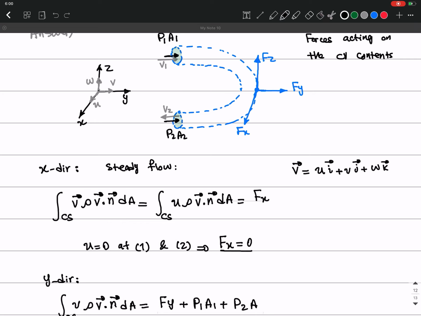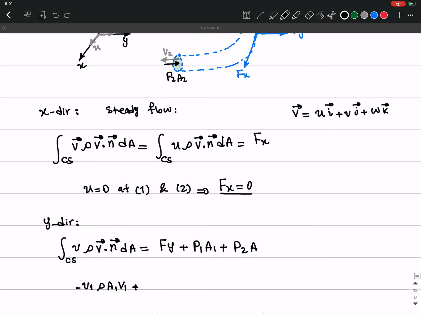direction, right? So here I'm going to use, and this is because the first minus is because of the inflow, right? Because this V dot n is going to be negative here. V1 dot n is going to be negative, so that's why we had V1 minus the whole thing.